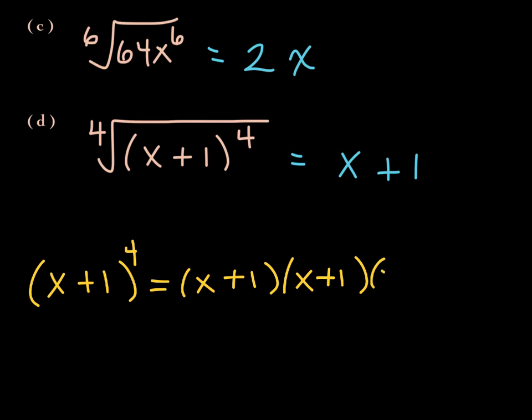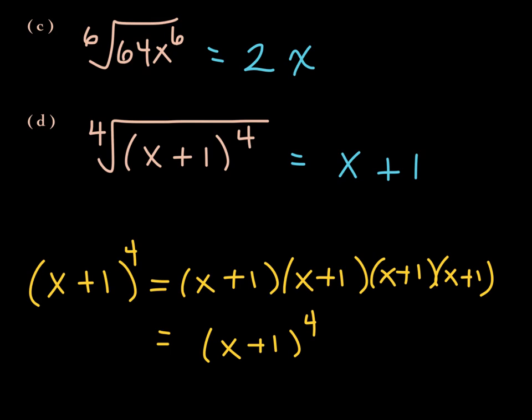Don't worry, we're not going to have to distribute. That would be a lot of work. Times x plus 1 times x plus 1, right? 4 times. This is, of course, the same thing as x plus 1 to the fourth power. So if you take this expression, x plus 1, and if you raise it to the fourth power, you will get x plus 1 to the fourth power.